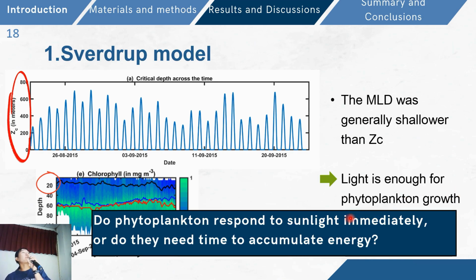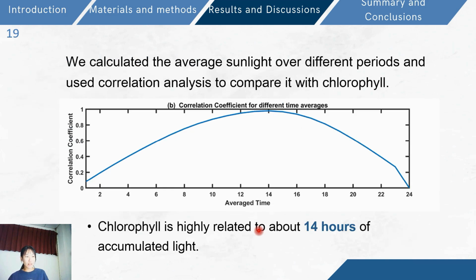So we want to know whether phytoplankton respond to sunlight immediately or need time to accumulate energy. So we calculate the average sunlight over different periods and use correlation analysis to compare it with the chlorophyll.